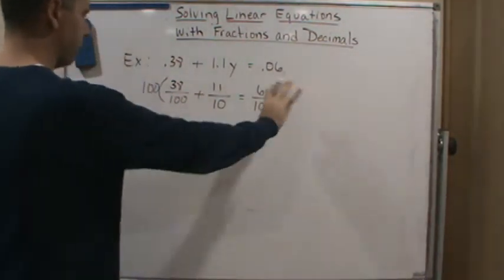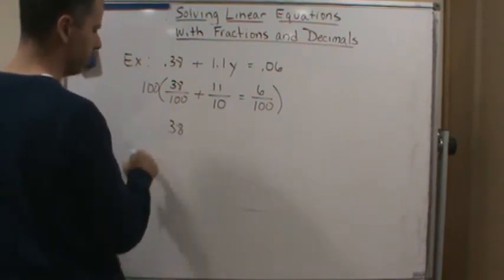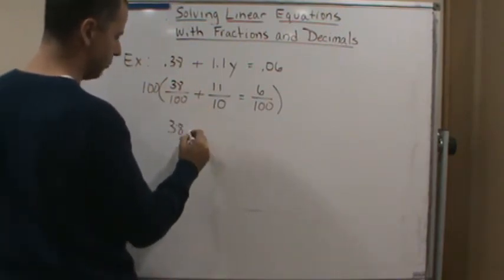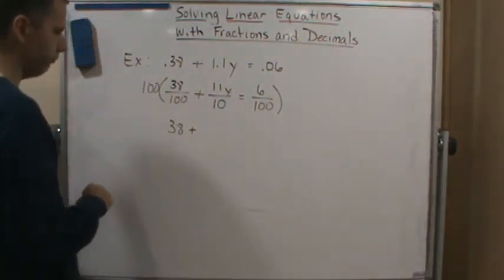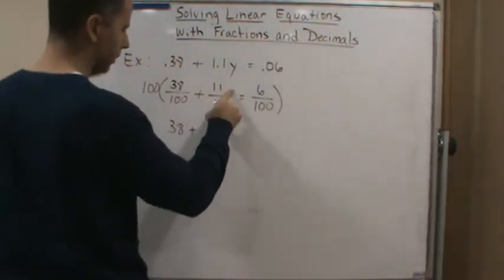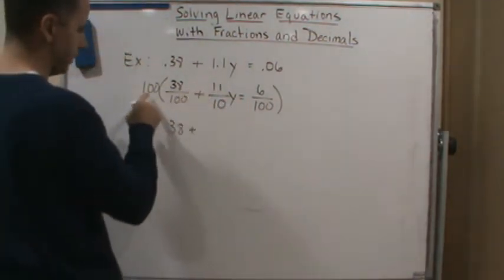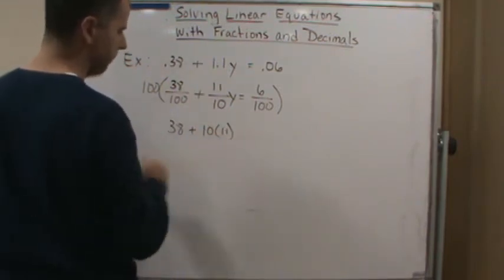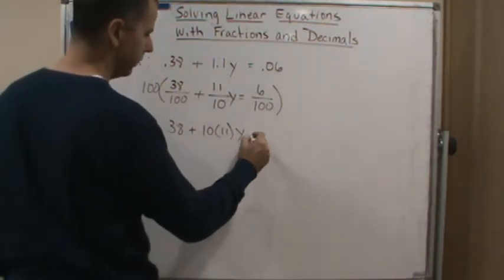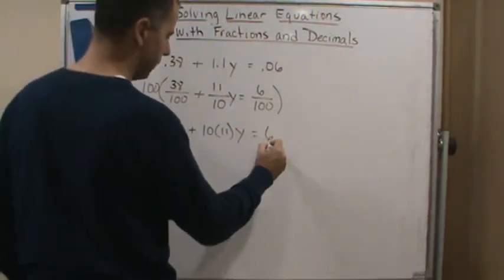So if I multiplied everything by 100, this 100 would cancel with that 100, I would get 38. This 100 divided by 10 would give me 10. Oops, don't drop the y. So I'll put the y here. So this would be what? 100 divided by 10 is 10, so I'd end up with 10 times 11 times y equals, and then 100 cancels with 100 here, and I end up with 6.